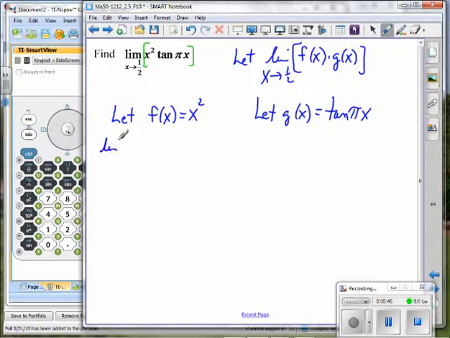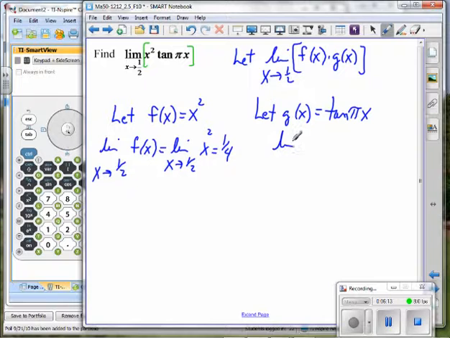Now, if we look at the limit as x goes to 1/2 of f of x, and that would be, of course, the limit as x goes to 1/2 of x squared, polynomial function. No problem with that, right? Direct substitution would be 1/4.